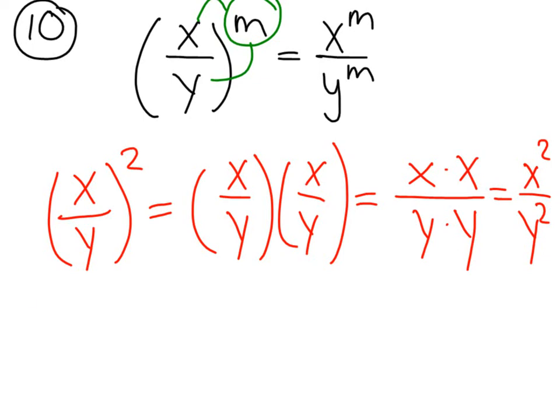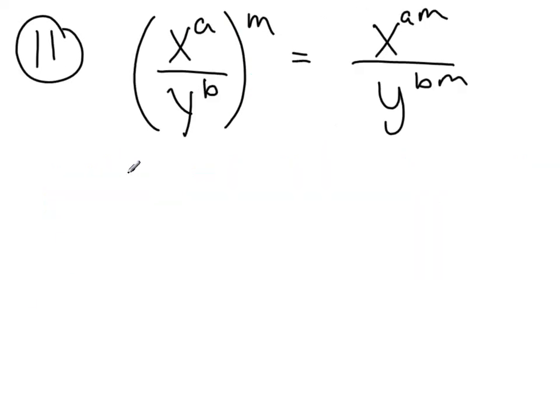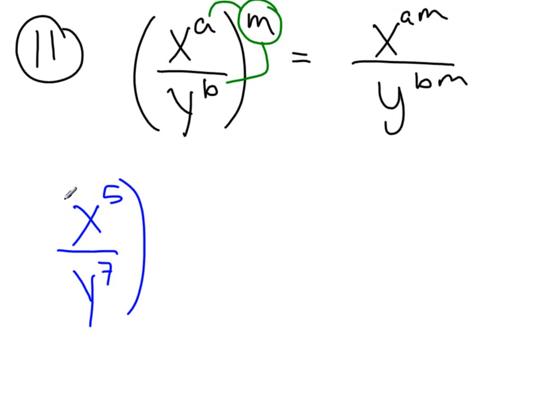And we can pretty much add more exponents into it. We have x raised to the a, y raised to the b, all of that raised to the m. You can distribute the m to each one. And then when we have a power raised to a power, we multiply. So let's use this rule. We have x to the 5th over y to the 7th, all of that raised to, and let's be horrible, the 10th.